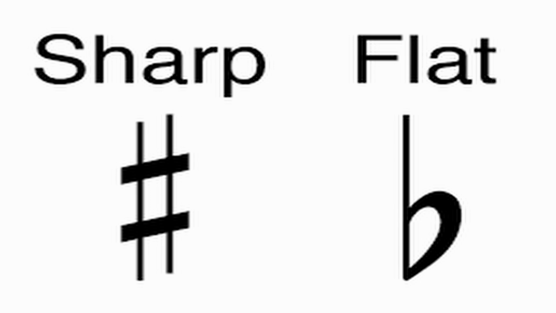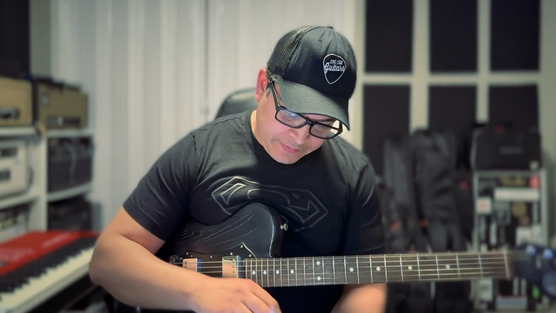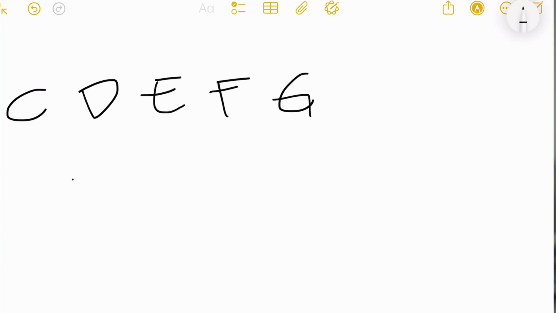So for example, when we have again C, D, E, F, G, A, and B, and we are starting over, we have C. What's happening is that between those notes we have sharps and flats. What is a sharp? The easy way for me is just go up.